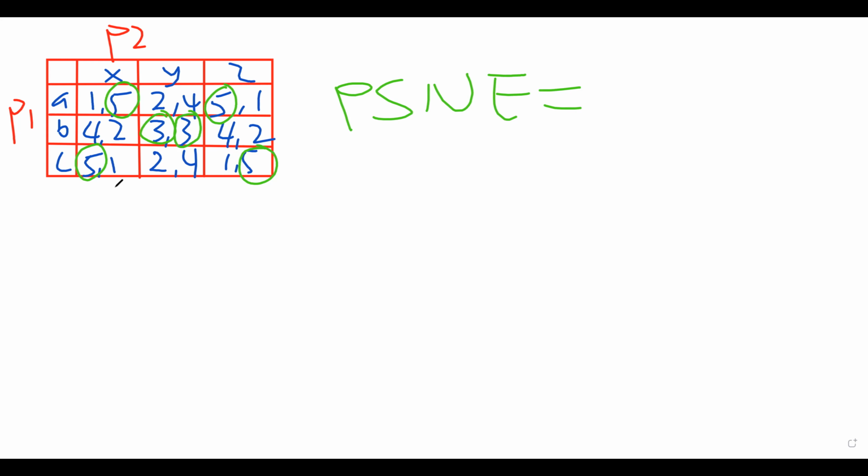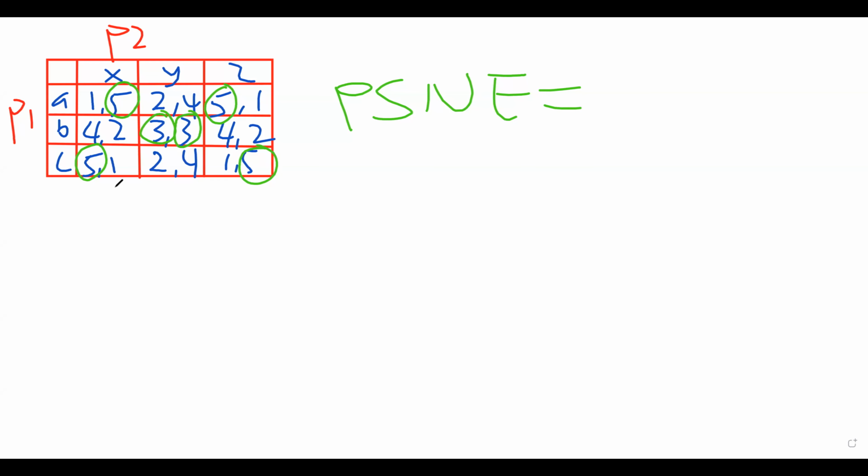Nash equilibrium. So before we come to the payoffs, what would be the pure strategy Nash equilibrium? Who can tell us? Which strategies will be the equilibrium strategies? 3-3. That's correct. But the 3-3 are the payoffs.